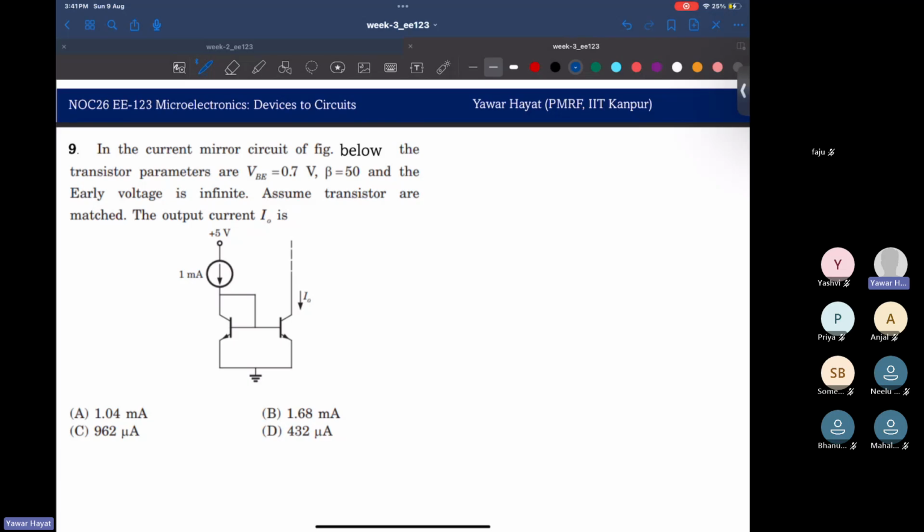The early voltage is infinite. Assume the transistors are matched. So what is the output current I naught? That would be in fact the collector current on this one. That is your I naught. I'll wait for a couple of minutes again.